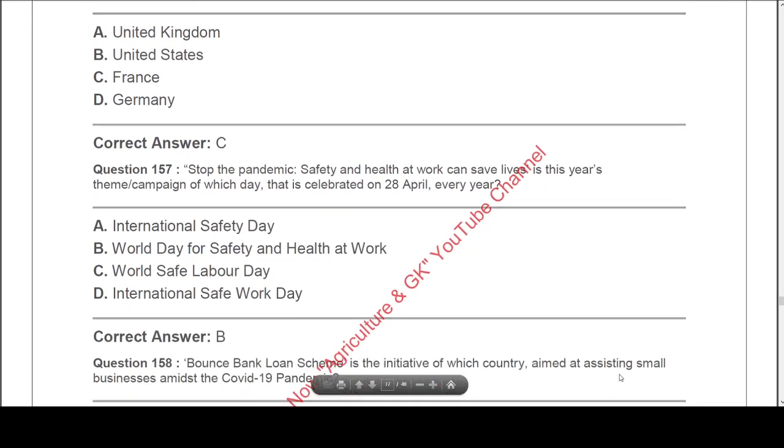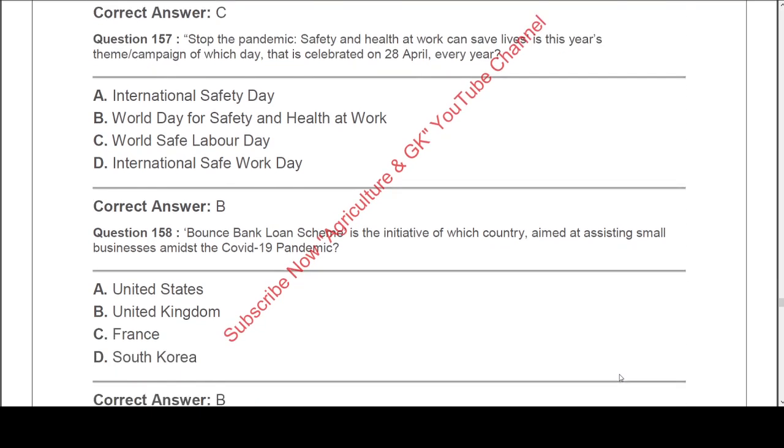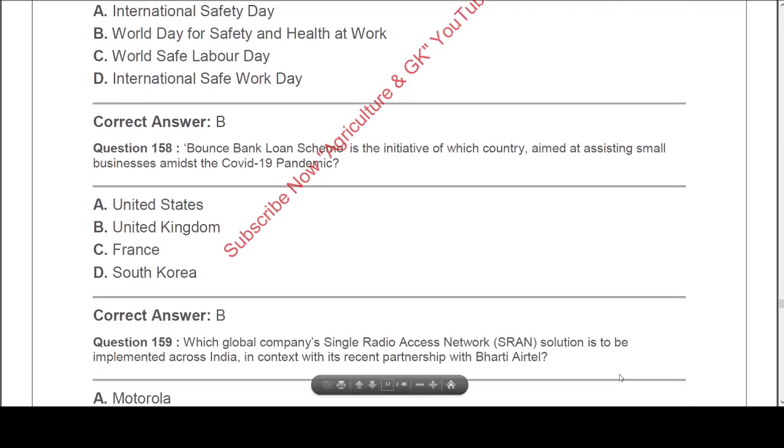The theme campaign 'Stop the pandemic, safety and health at work can save lives' is for which day? This is celebrated on 28th April every year. It is the World Day for Safety and Health at Work, option B. Bounce Back Loan Scheme is the initiative of which country aimed at assisting small businesses amidst the COVID-19 pandemic? It is the United Kingdom.